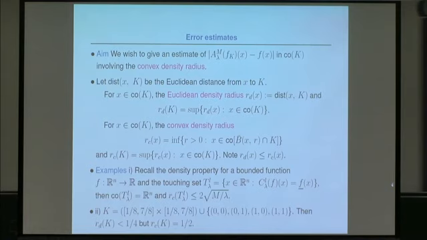So don't worry about the details of the example. It simply says that suppose the set is the square plus 4 points. So at this point, the Euclidean distance is just that. But the convex radius is that, because you require this point to be in the convex hull of your original set.